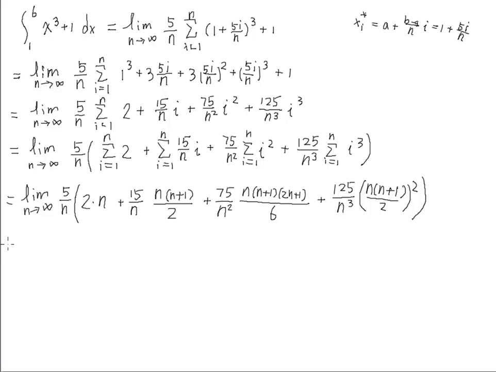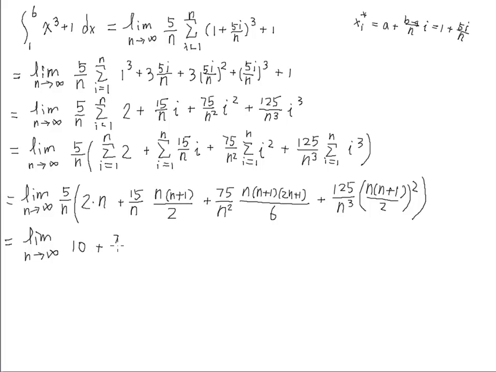After simplification, we have the limit as n is going to infinity. And the first one is 10. n and n, they cancel. Second one over here, we have 5 times 15. That's again 75.